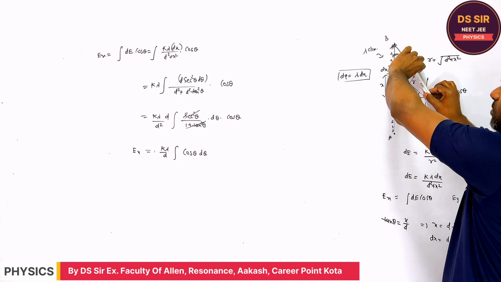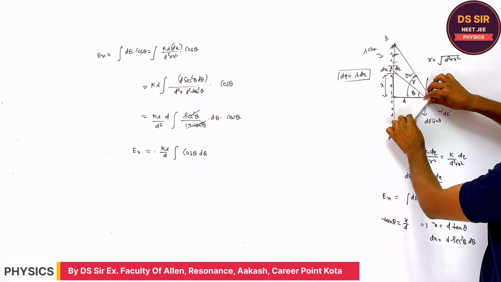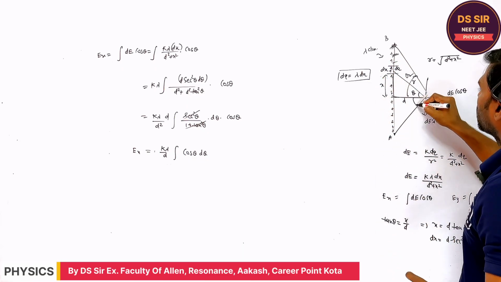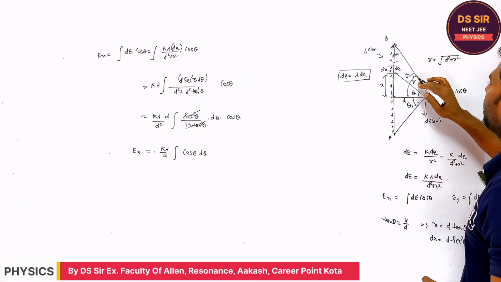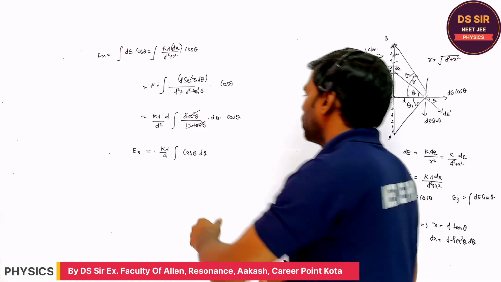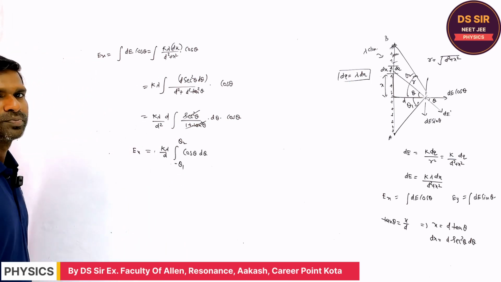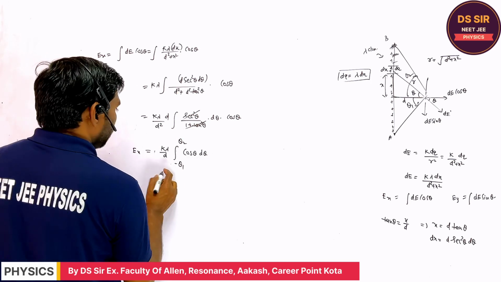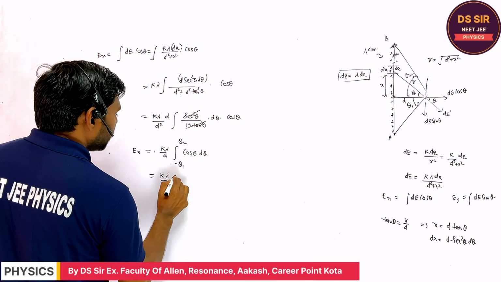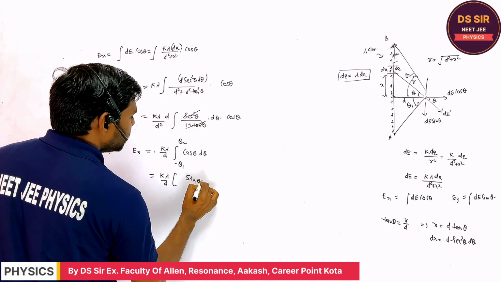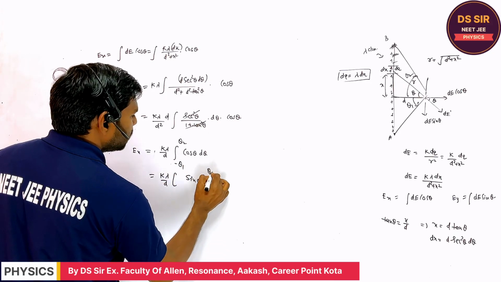It was 0 to theta 2, but it is in this direction. So this angle is theta 1 and this angle is theta 2. So you have to integrate from minus theta 1 to theta 2. Is it clear or not? So what is the integration of cos theta? Sin theta. You will put the limits minus theta 1 to theta 2.